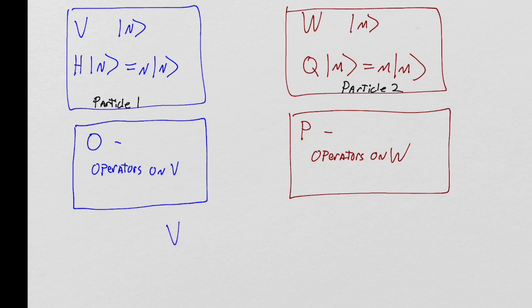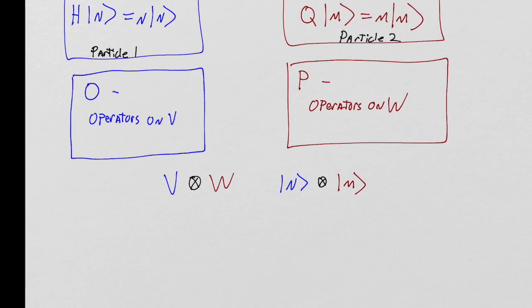It's going to look like V, I guess, tensor product W. I'm kind of going long on the colors here. I'm giving that a try. But V tensor product W is a completely legitimate state space, and it has a basis. And a typical basis vector is N tensor product M. So for example, I might have the ground state energy tensor product with the ground state energy.